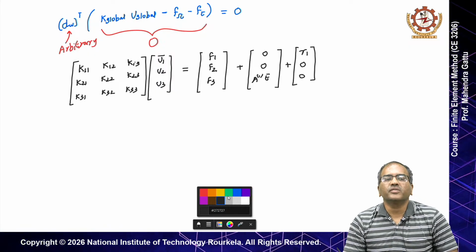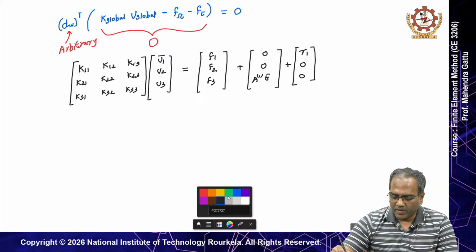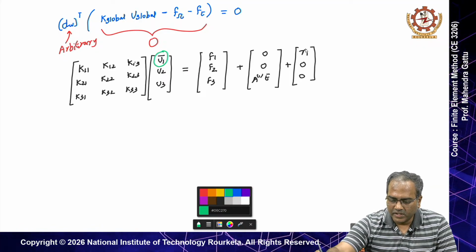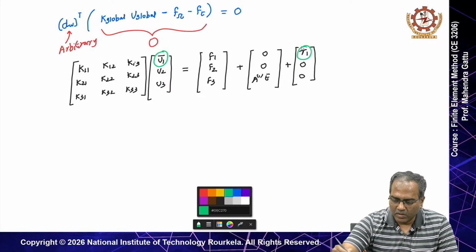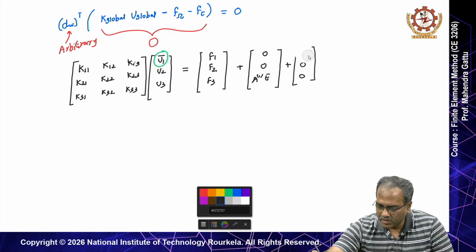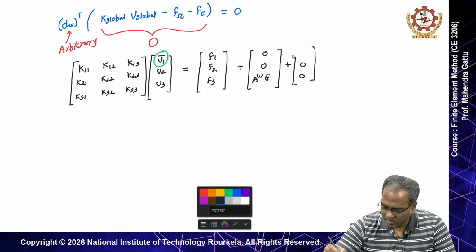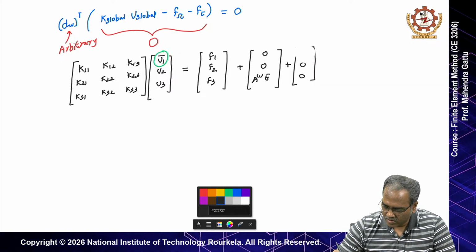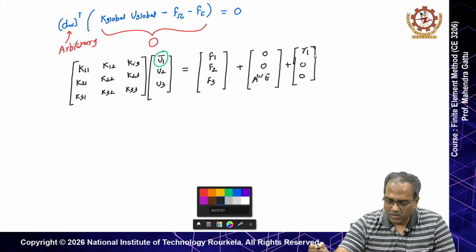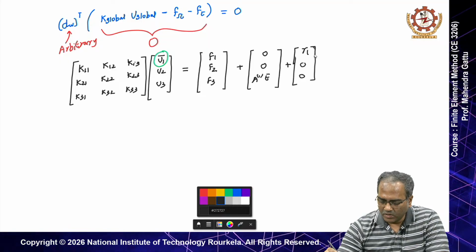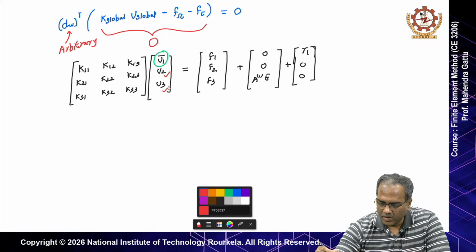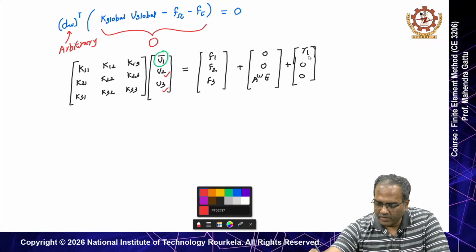How will you do this? In this problem, this is known, this is unknown. So, in this problem U1 bar is known, the unknowns I will mark with red: U2 is unknown, U3 is unknown, and R1 is also unknown.